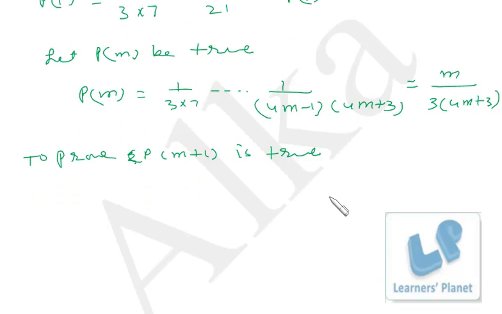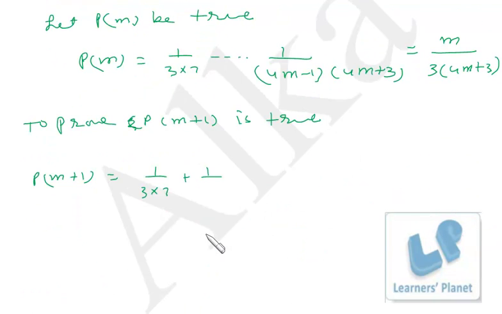Now what is Pm plus 1? 1 upon 3 into 7 plus 1 upon 7 into 11 till 1 upon, instead of m I'll be putting m plus 1 over here, right?